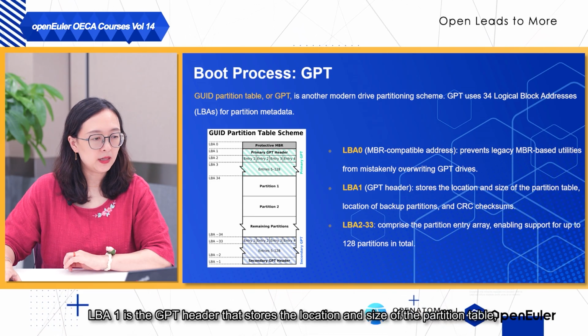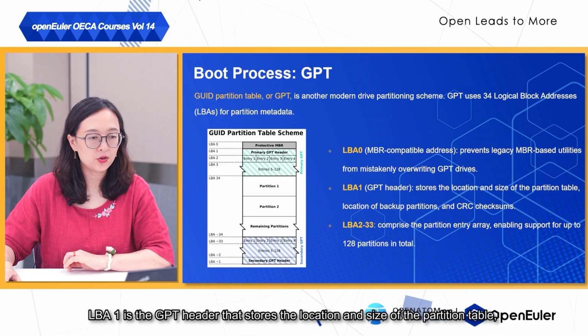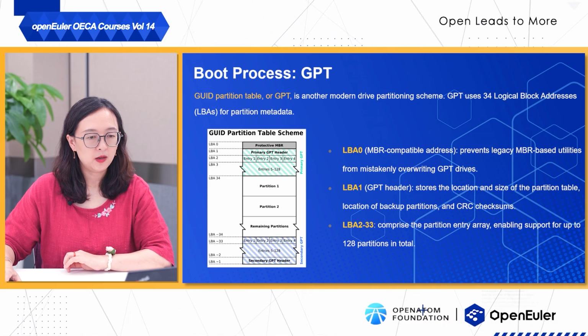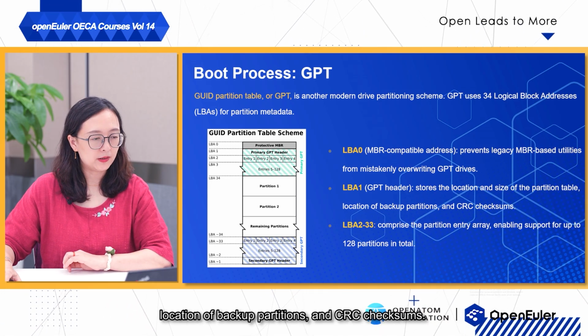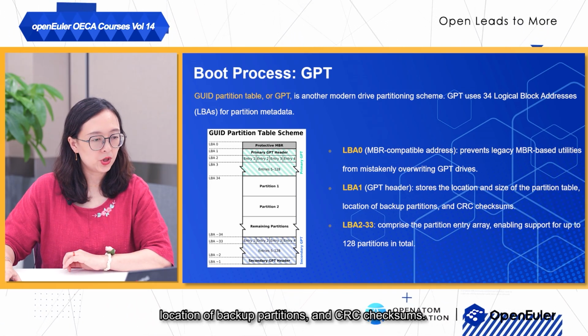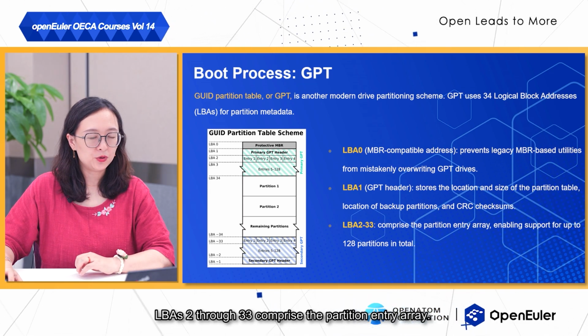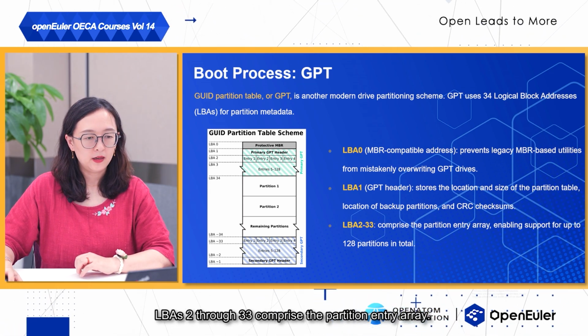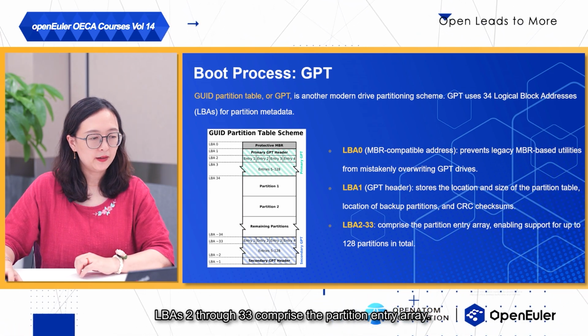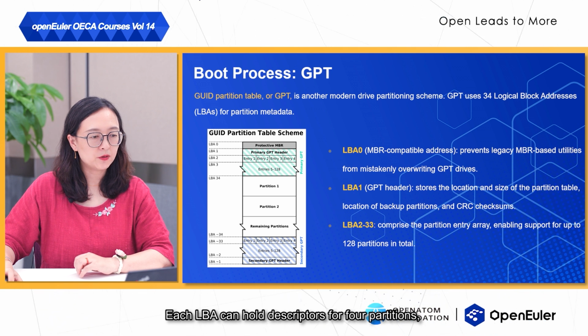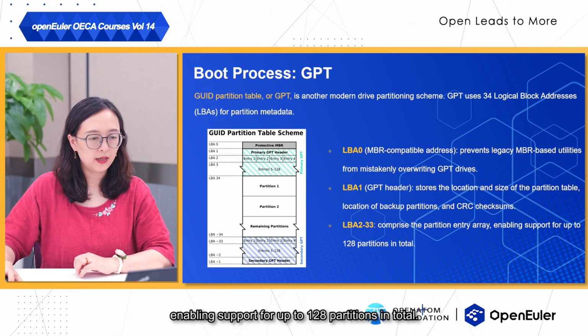LBA1 is the GPT header that stores the location and size of the partition table, location of backup partitions, and CRC checksums. LBAs 2 through 33 comprise the partition entry array. Each LBA can hold descriptors for 4 partitions, enabling support for up to 128 partitions in total.